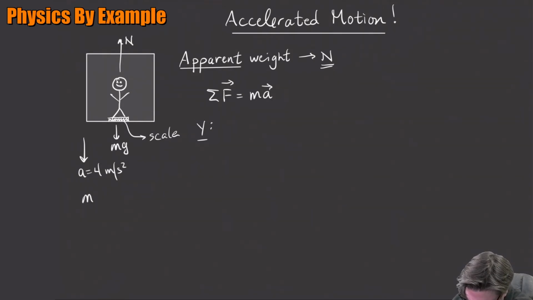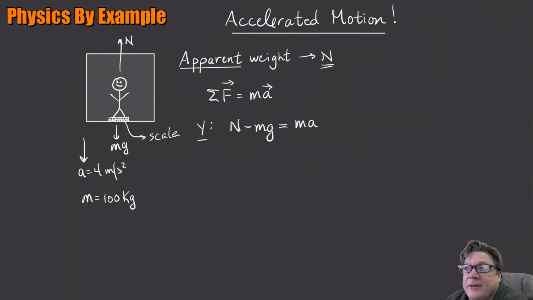Let's say our standard person is going to be 100 kilograms. That's a nice round number. Those are the only two forces involved, right? So I've got my normal force positive, minus mg, which is negative. I add them together, and then this has to equal the mass times how this thing is accelerating.